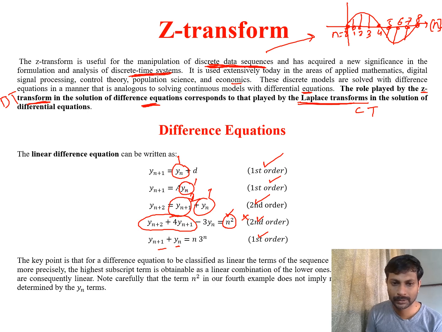So the order is given by this term. This is second order. The highest one is n+1, so first order. This is also n+1, so first order.